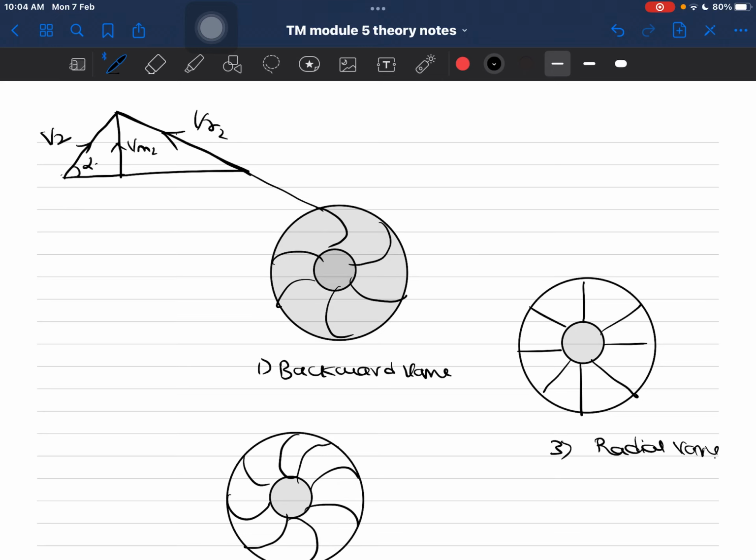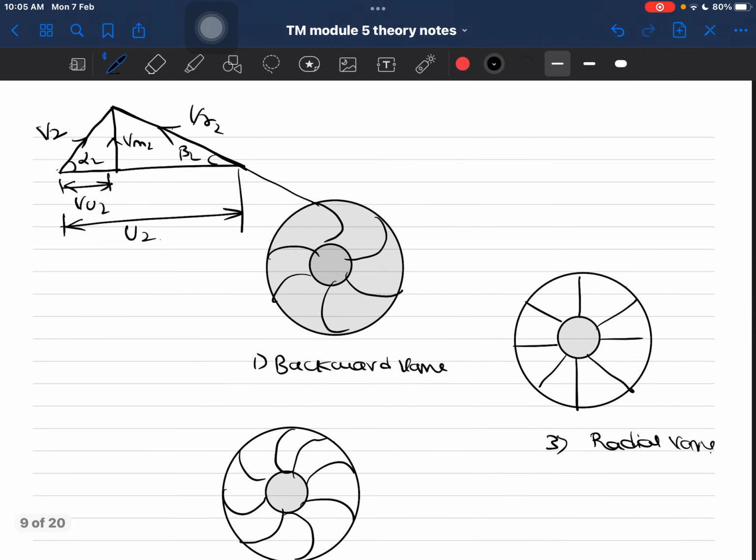This is alpha 2, and this is beta 2. This is Vu2, and this becomes your U2. So this is the velocity triangle in case of a backward vane.